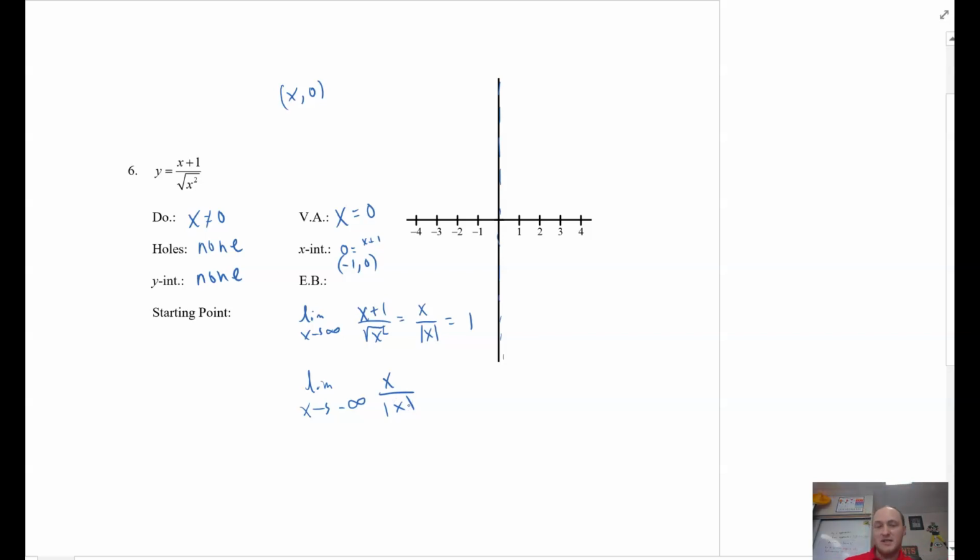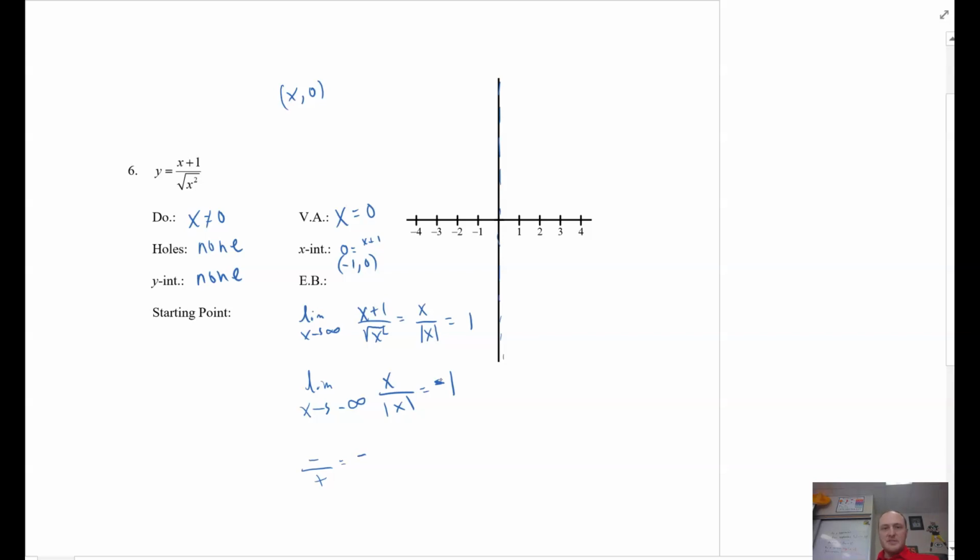In this case, I'm going to plug in a negative infinity. That's a negative, and then I plug negative infinity into the denominator, which is an absolute value. It's going to be positive no matter what, and this is a negative. So again, the ratio is 1, but it's going to have a horizontal asymptote at -1.